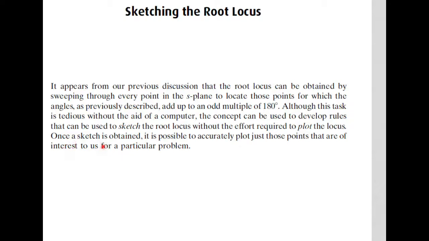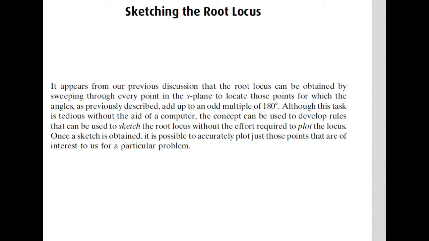Once the sketch is obtained, it is possible to accurately plot just those points that are of interest to us for a particular problem. As is clear from this statement, instead of testing each and every point to see whether it lies on the root locus or not, there is a certain set of rules. If we follow these rules, then definitely we can obtain the root locus.